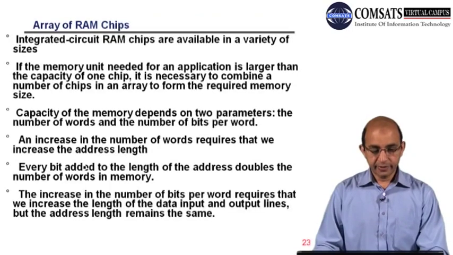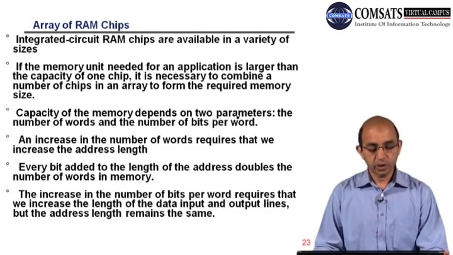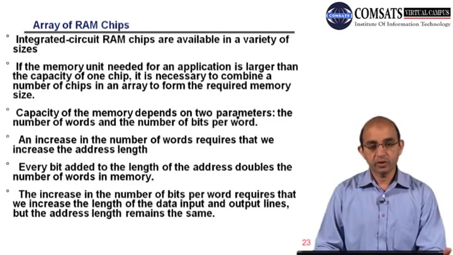So now, if we want to have arrays of RAM chips: whenever we talk about an array of RAM chips, for example, we have an application that requires larger capacity, and a single chip cannot accommodate that application. So in order to accommodate it, we need an array of RAM chips.